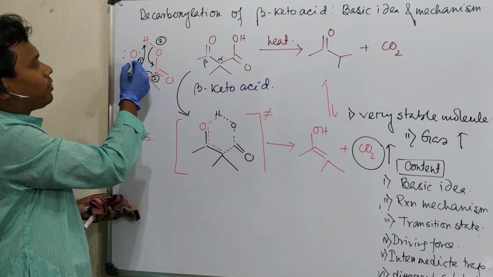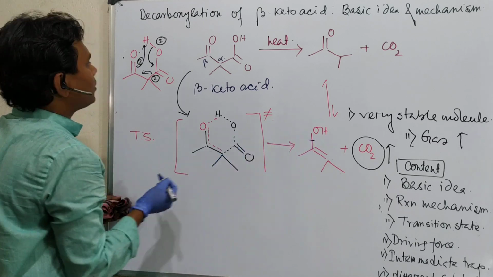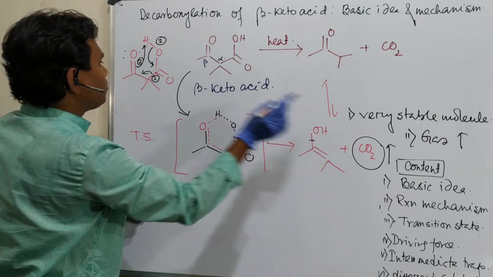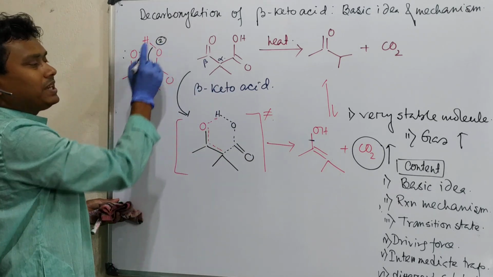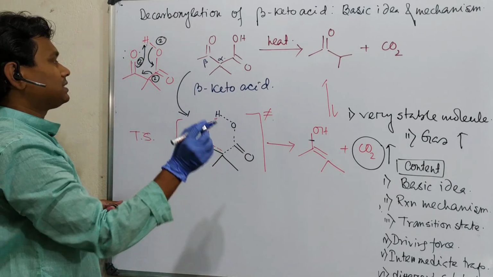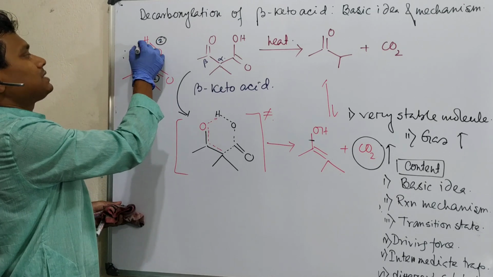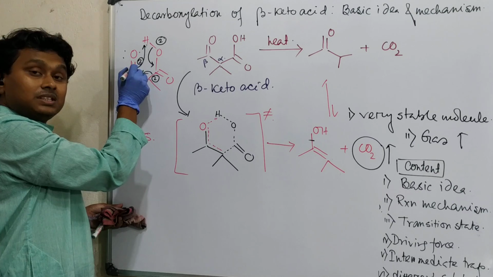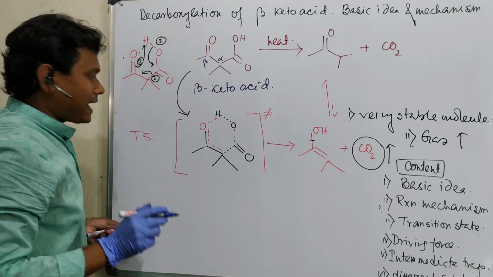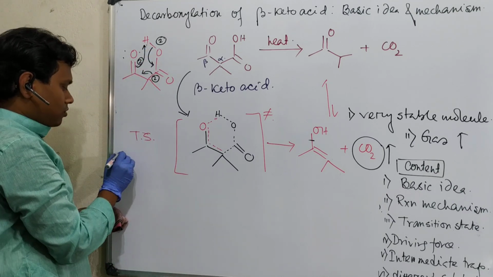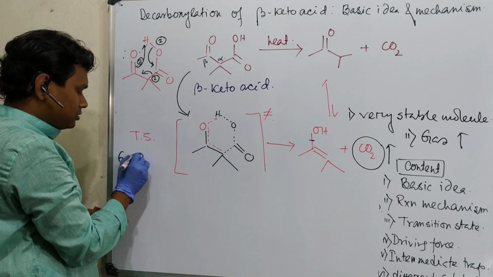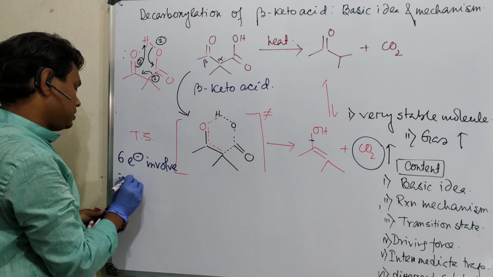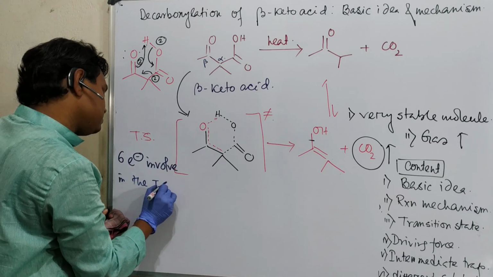This bond is broken because this is a single bond, so 2 electrons. This bond is completely gone, 2 electrons, and OH is gone from there, so 2 electrons. So 6 electrons are involved in the TS. What does it mean?